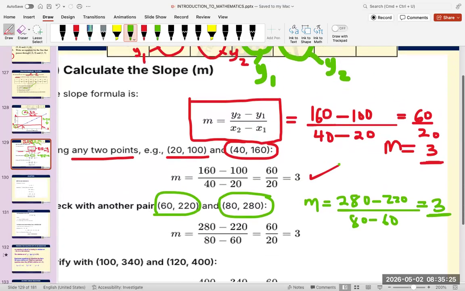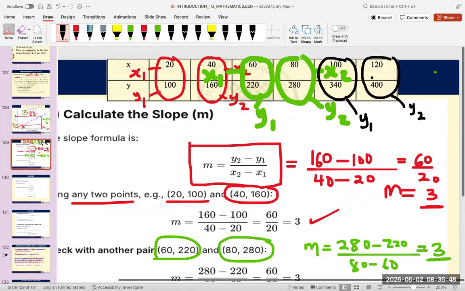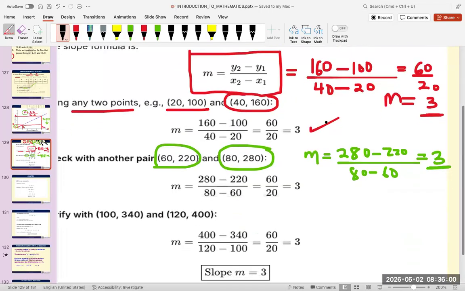Or another person too will say, I also want to use 100 and 340 and then 120 and 400. So that this time my y2 is 400, my y1 is 340, my x2 is 120, my x1 is 100. So same thing when you fix it.